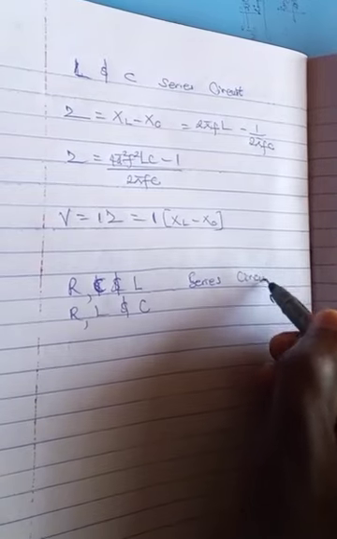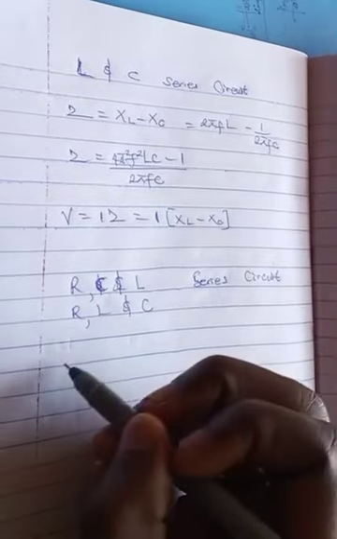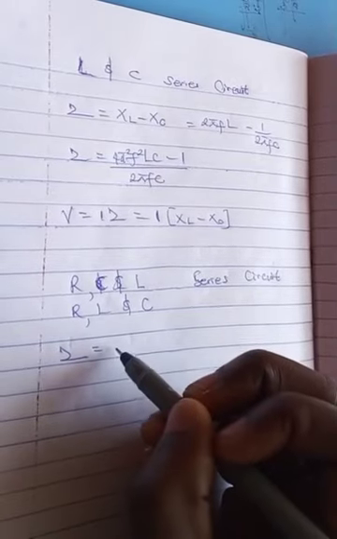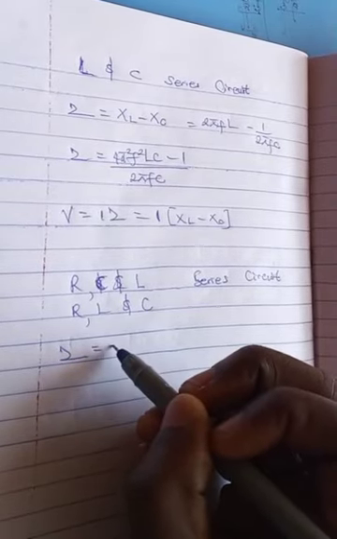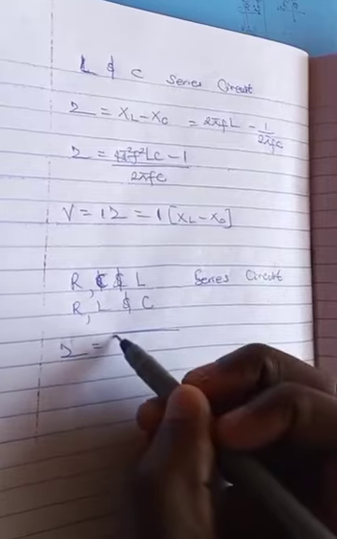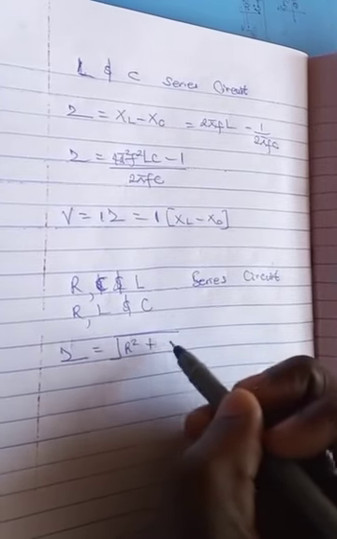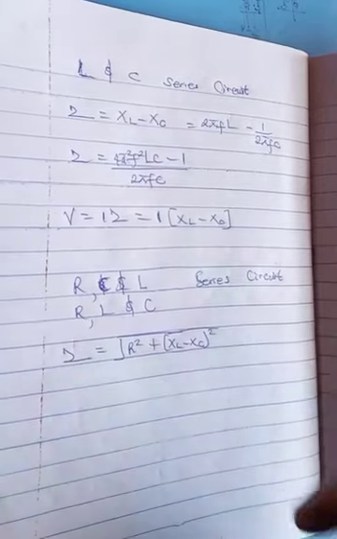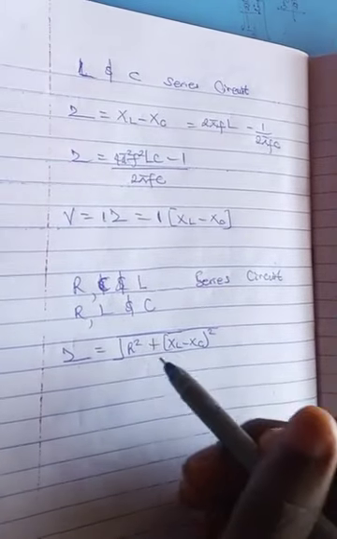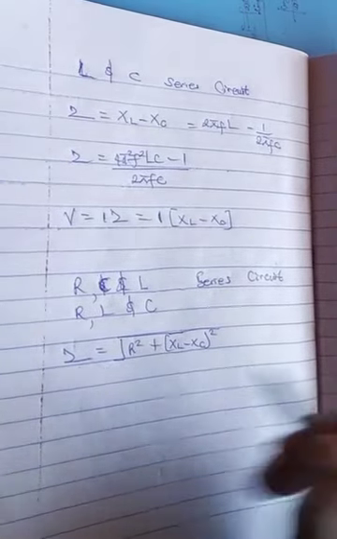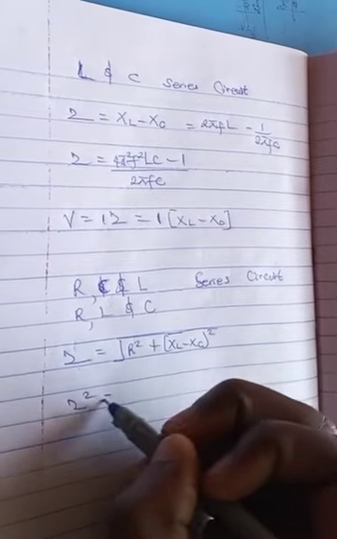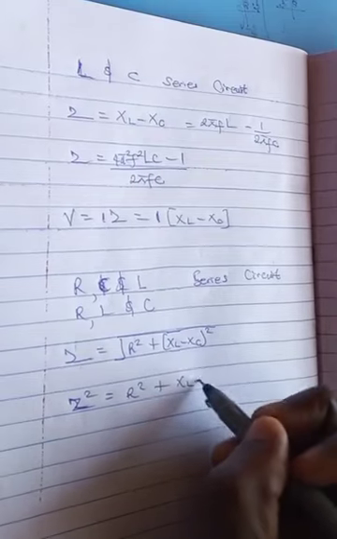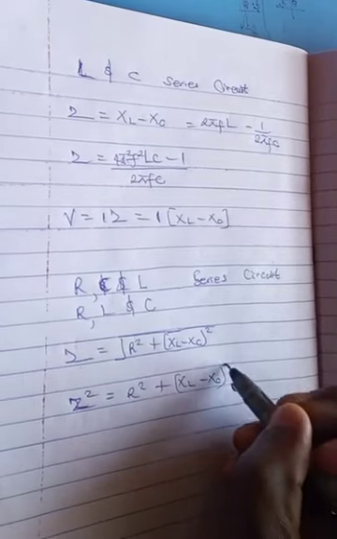So if you have this circuit, our impedance Z is equal to the square root of R squared plus (XL minus XC) squared. This is the impedance, which simply means that Z squared is equal to R squared plus (XL minus XC) squared.